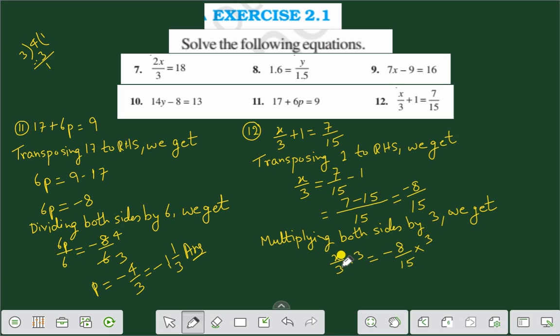This 3 will cut. Therefore, x is equal to, 3 1s are 3, 3 5s are 15. That is equal to minus 8 by 5. If we divide 8 by 5, that is 5 1s are 5, 6 7 8, 3. You are getting minus 1 whole 3 by 5. That is the answer of question number 12.